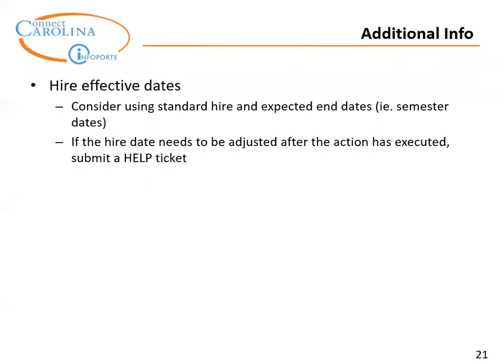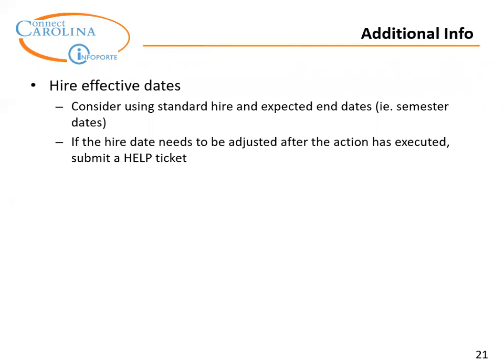After your hire is executed, I think it says to call the help desk if you've still got issues. We get all kinds of tickets. There's a common mistake people make. They put in a hire and realize the hire date needs to be moved, so they put in a job change ePAR with the change in effective date. They come to the action reasons and think, I can't figure that out.